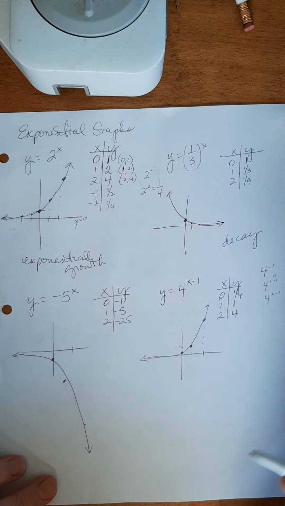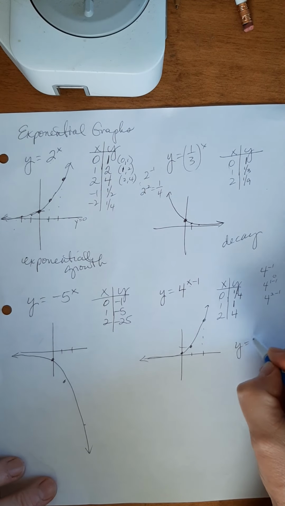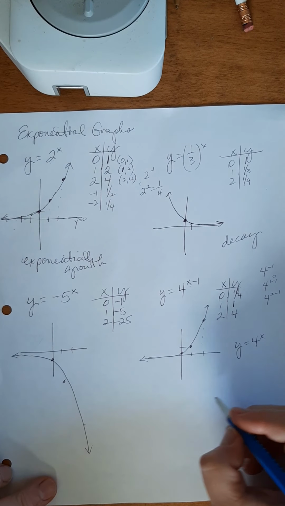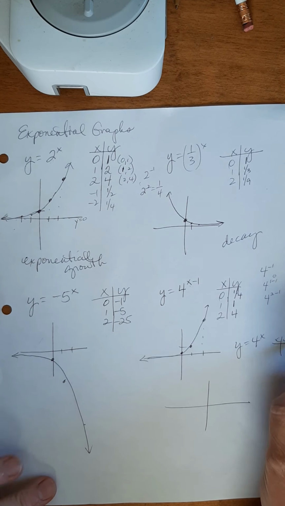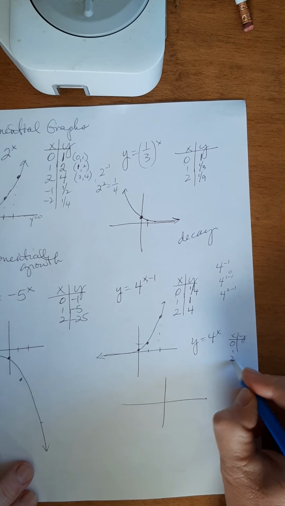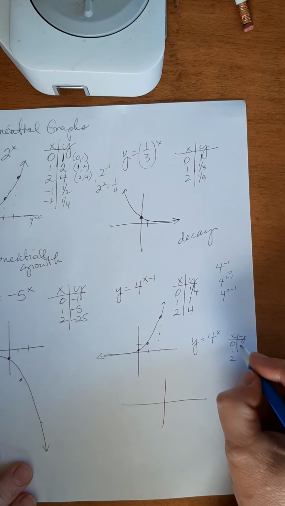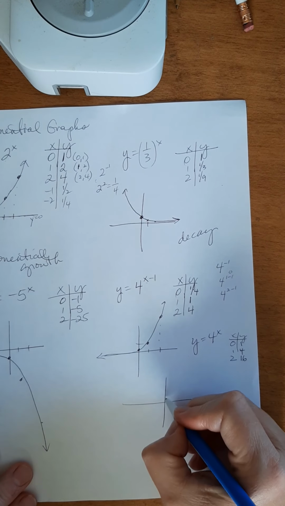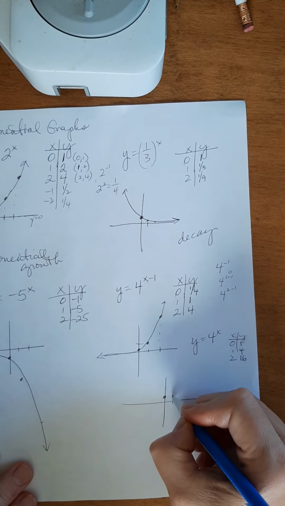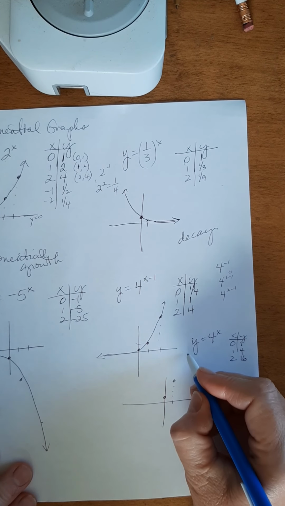If you wanted, you could have graphed it normal, 0, 1, 2. So 1, 4, 16, way up there.